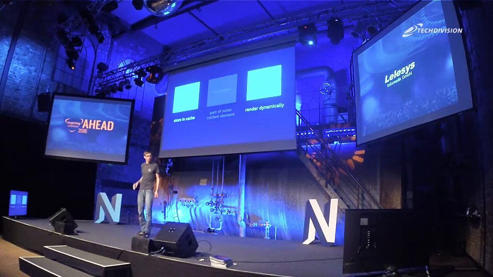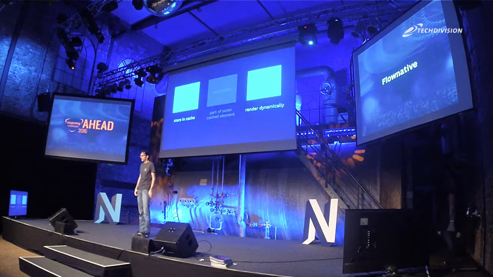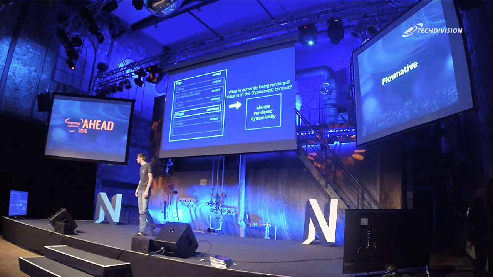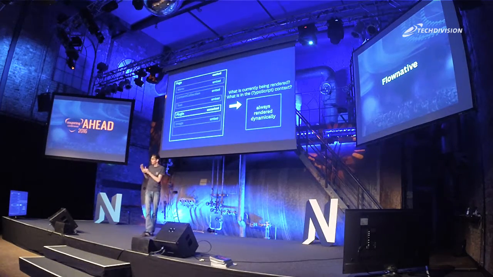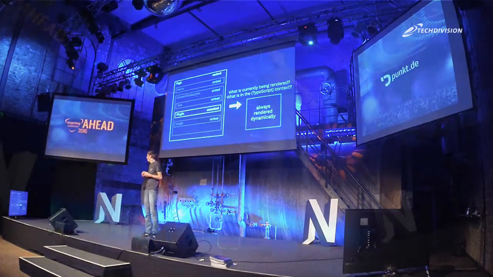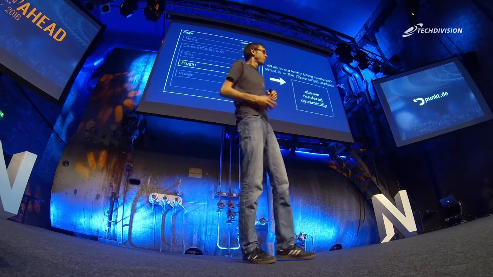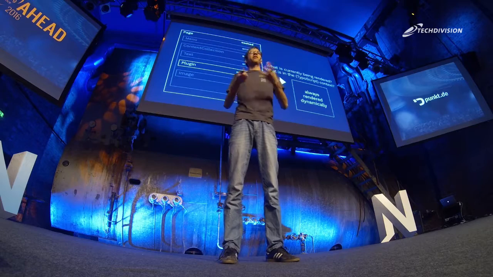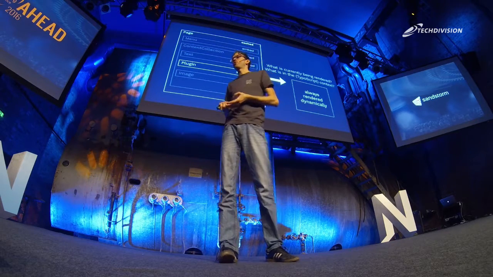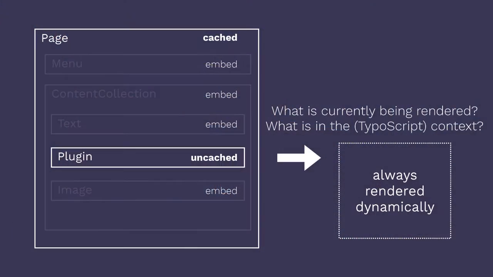So for the uncached version, let's say we want to render this page again, right? We have the page cached already. Now it comes to the plugin. And in order to render this thing, we need some information. So the plugin has some configuration usually. This configuration resides on the node, so it's configured through the node properties usually.